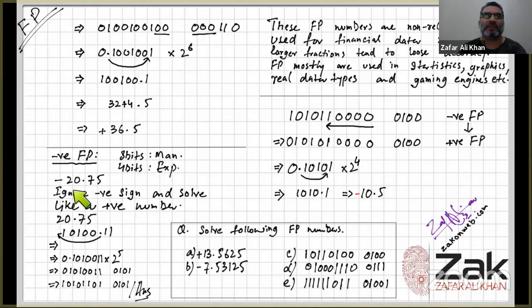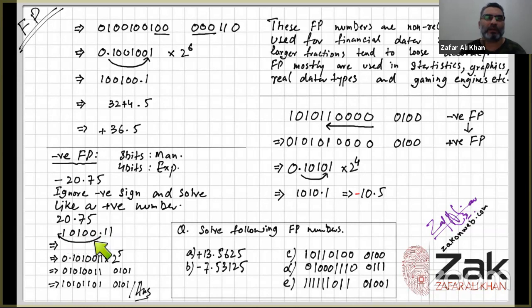For that, first thing that you have to do, as per the rule, is ignore this negative sign and solve 20.75 as a positive number. So 1, 2, 4, 8, 16. 16 plus 4, 20. 0.75 means 0.5 and 0.25. This is the fixed point representation of 20.75 in binary form.